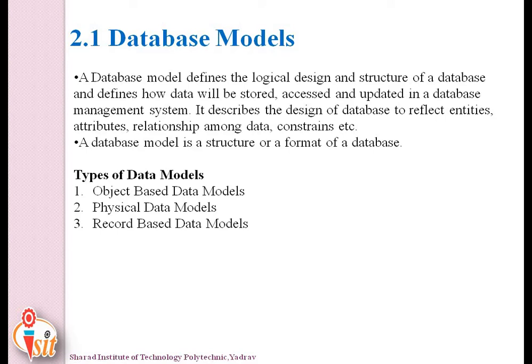The second one is the manipulative part, defining the types of operation that are allowed on the data, like the operations that are used for updating or retrieving data from the database and for changing the structure of the database. And the next one, possibly a set of integrity rules, which ensures that the data is accurate.